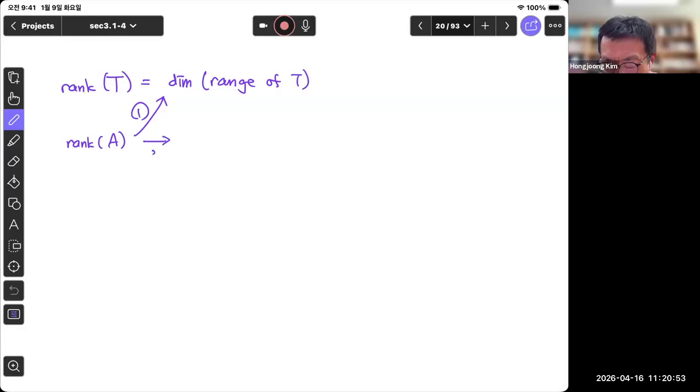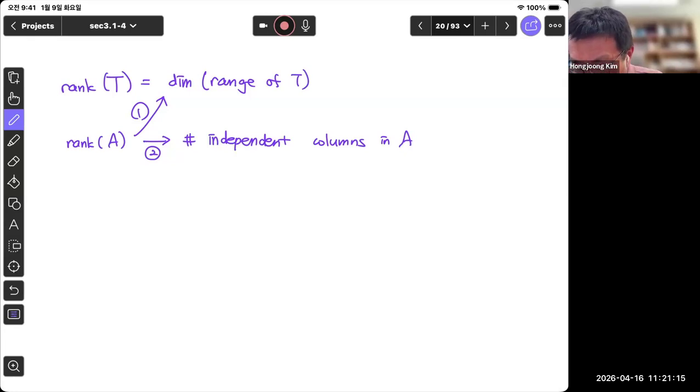the easier way is to count the number of independent columns in A. Of course, later we will see that you can count even the independent rows in A, even though the textbook says this rank will be the same as the number of independent columns.